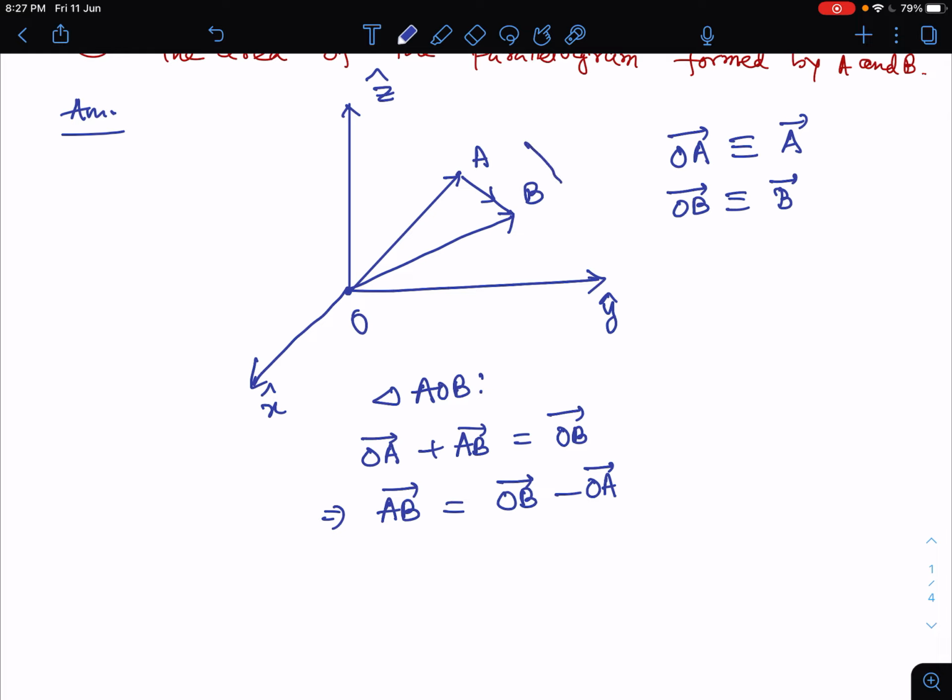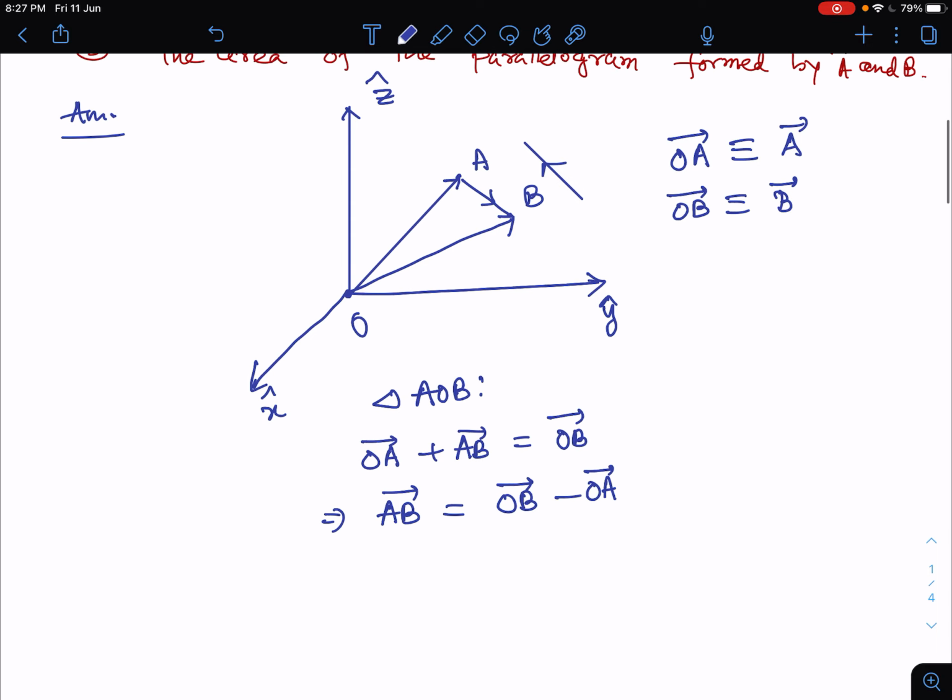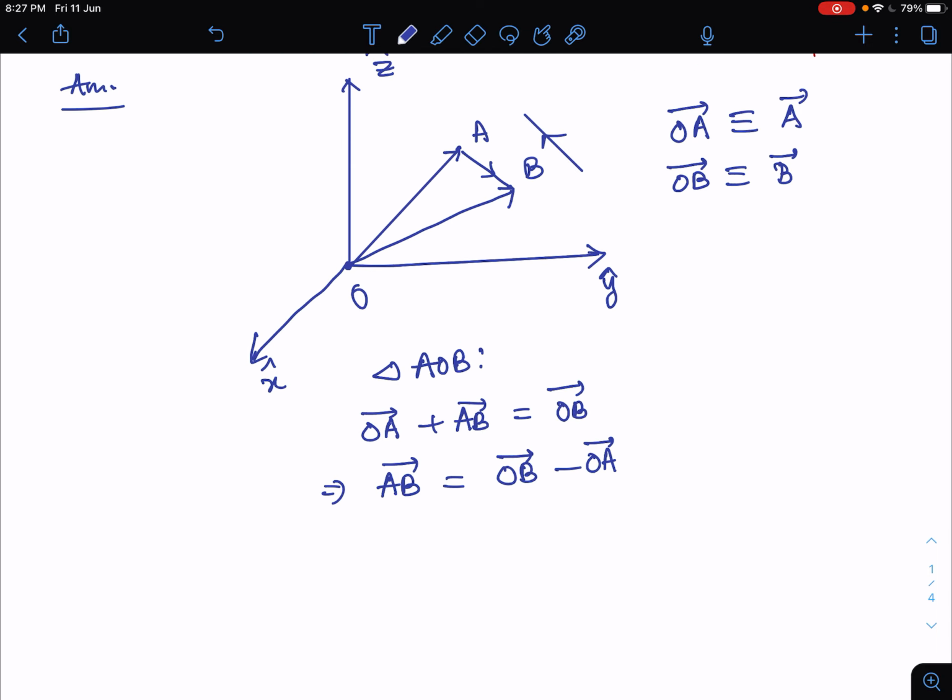Similarly, if you want to get the vector BA, which goes to A from B, then from the triangle AOB you will get OB plus BA is OA.